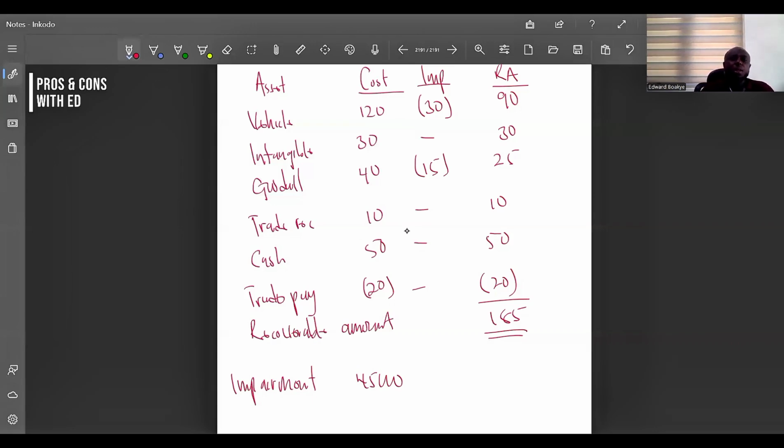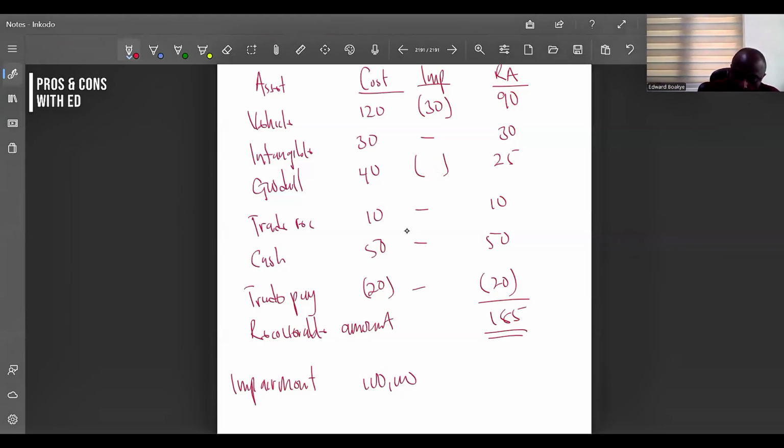The question is, what if the impairment which was given to us was, let's say, 100,000? First we have already recognized 30, and we have also recognized 15. So in that case, we won't recognize 15 to goodwill.